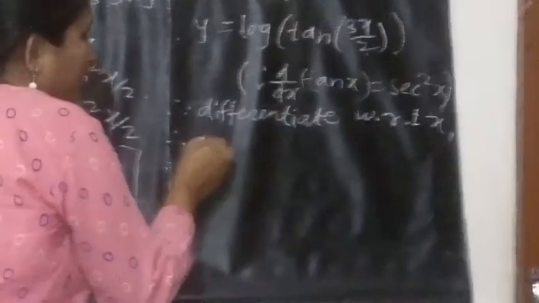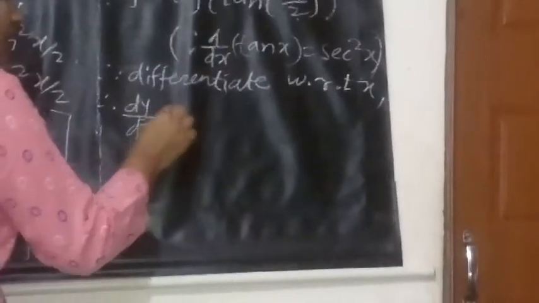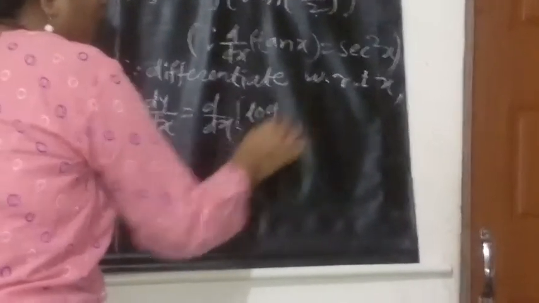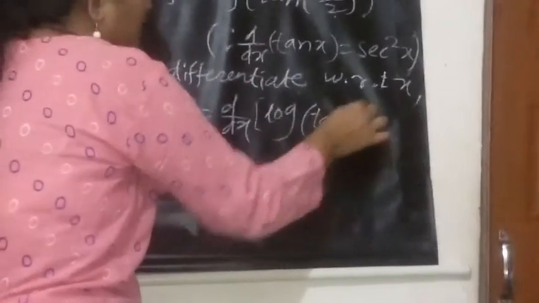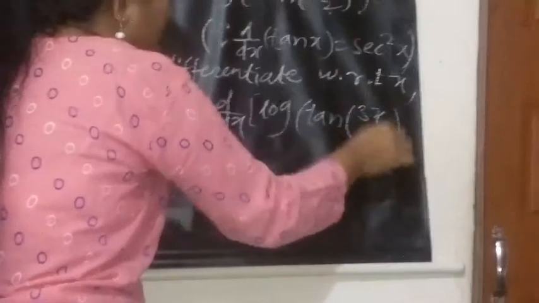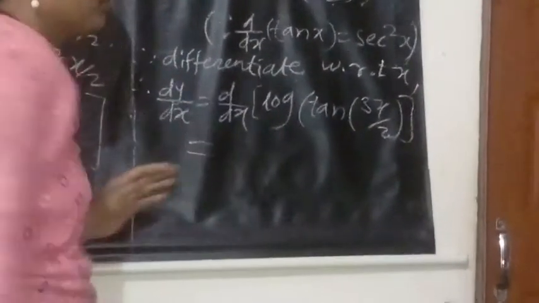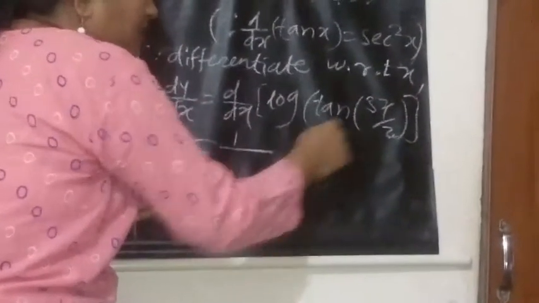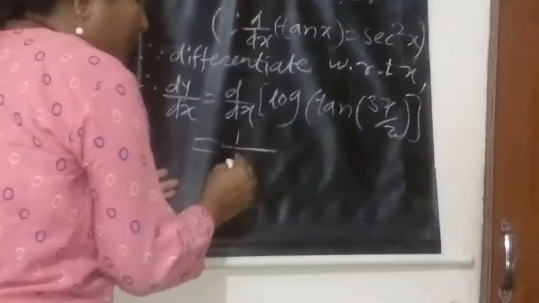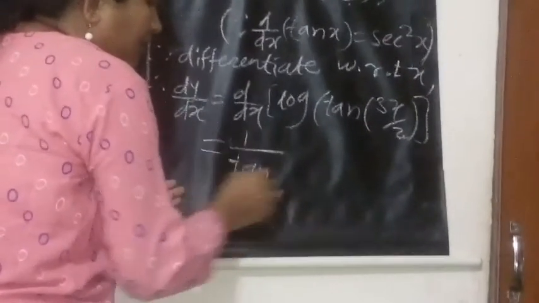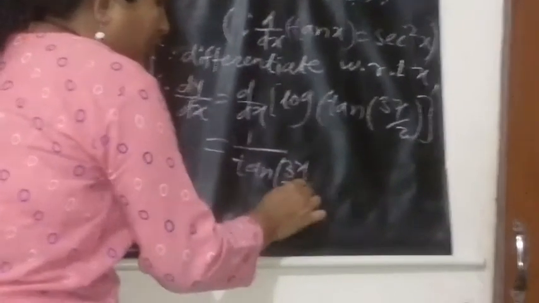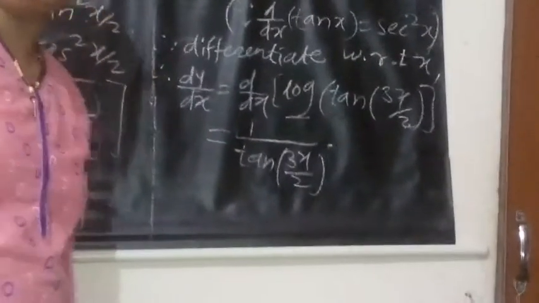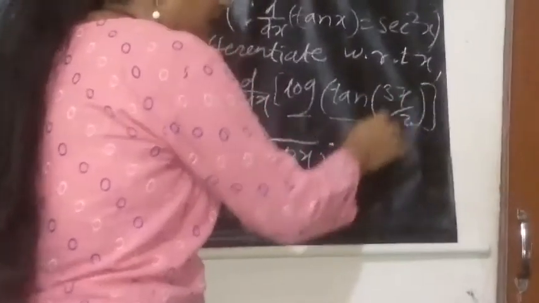Therefore, dy by dx is equal to d by dx of log of tan 3x upon 2. Derivative of log x is 1 upon x, but here x means tan of 3x upon 2, that is 1 upon tan 3x upon 2. We have taken the derivative of log. Now next we have to take the derivative of tan of 3x upon 2.